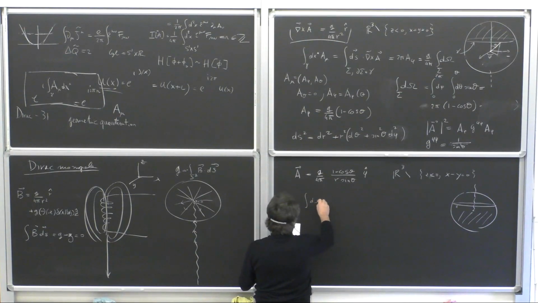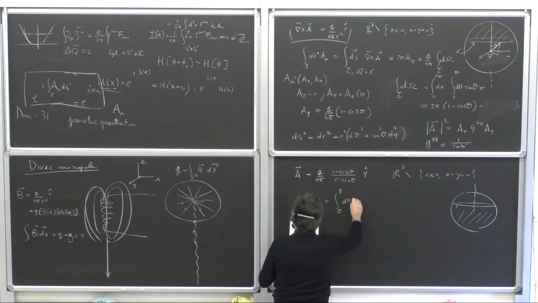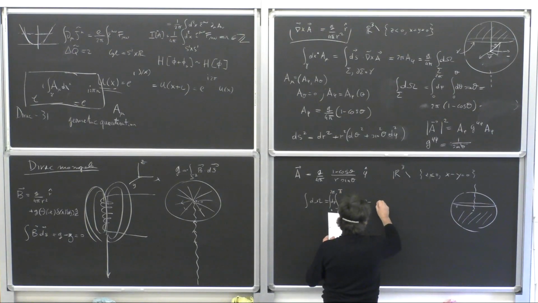In this case, the integral of d omega is the integral from theta to pi of d theta sin theta, and d phi, and this is 2 pi times (minus cos theta minus 1).